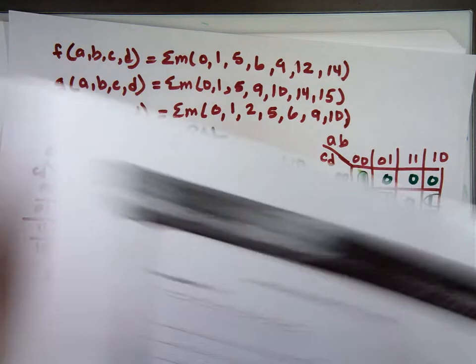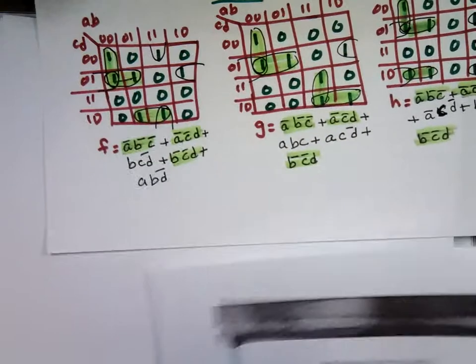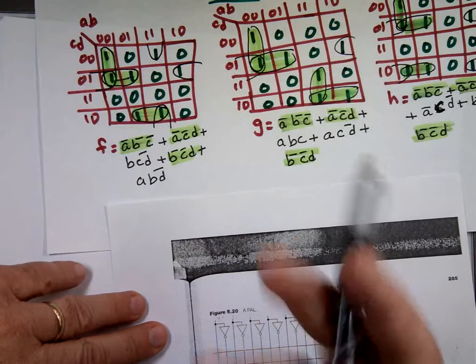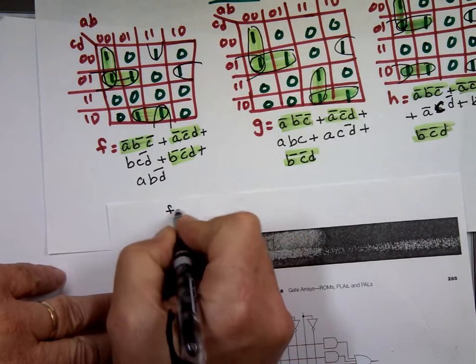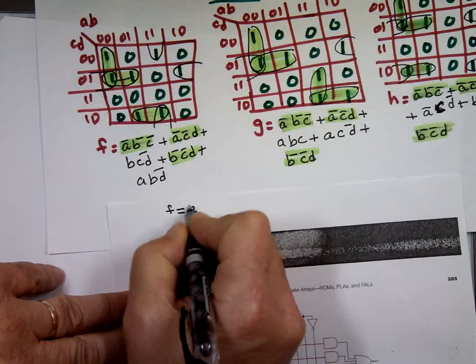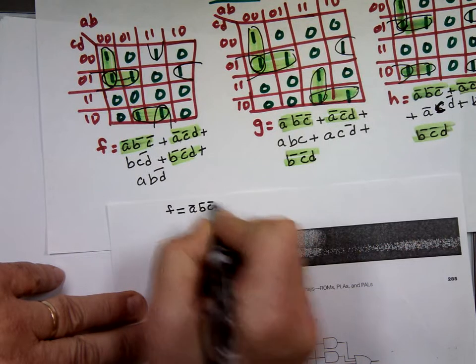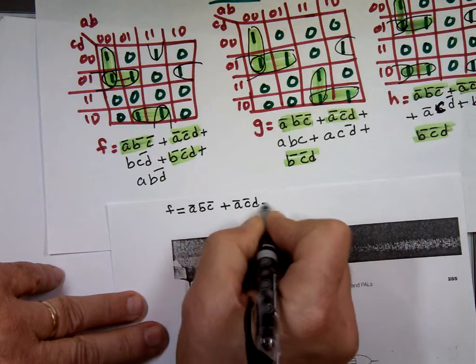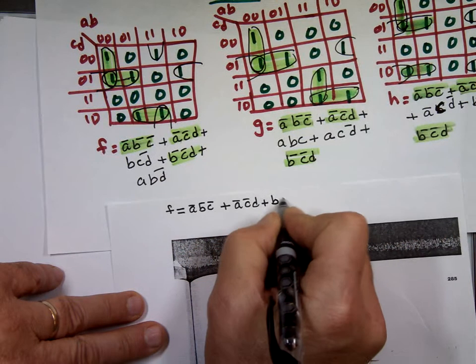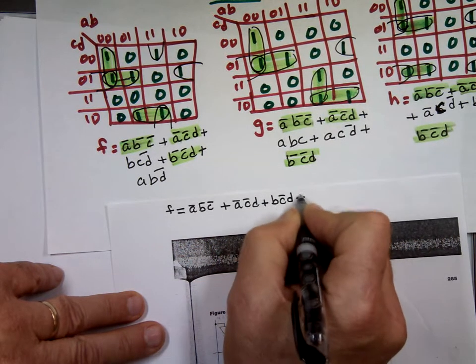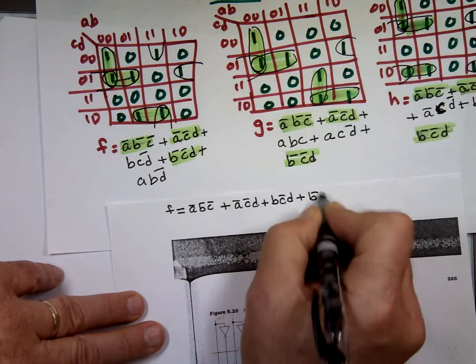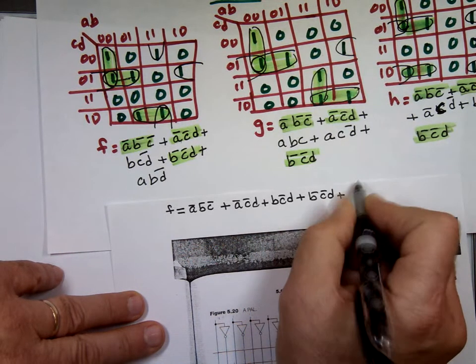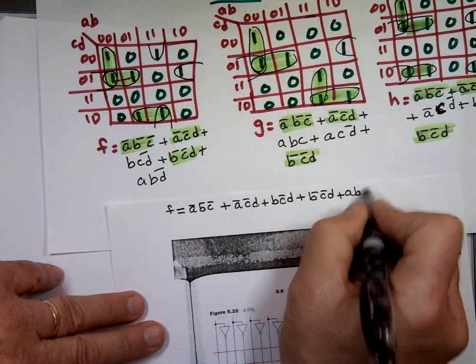Let me write my functions down here so I'll have that sheet. So here's f: A naught, B naught, C naught, plus A naught, C naught, D, plus B, C naught, D, plus B naught, C naught, D, plus A, B, D naught, I think.